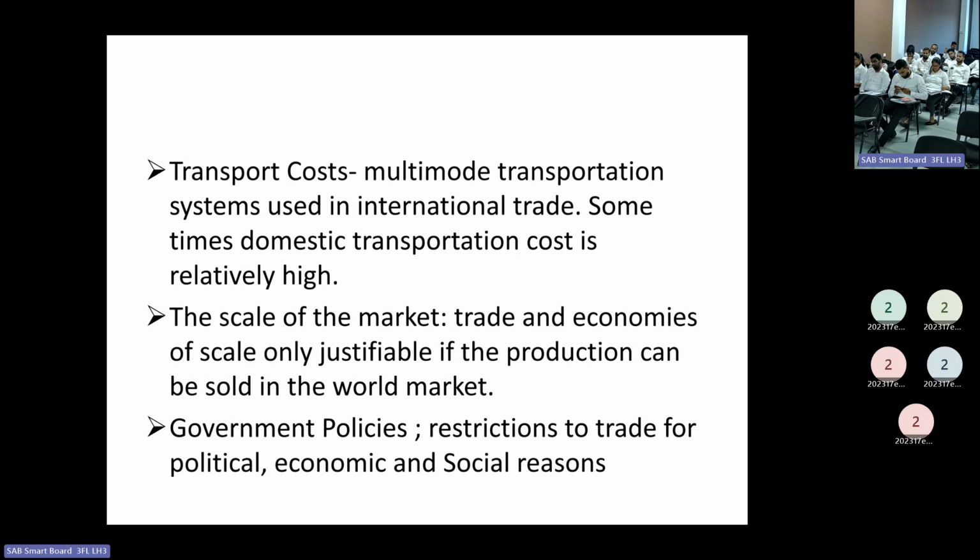So even though we produce at a large scale, we cannot export because of these political decisions, decisions taken by different governments based on political factors. So that can affect international trade and government policies.